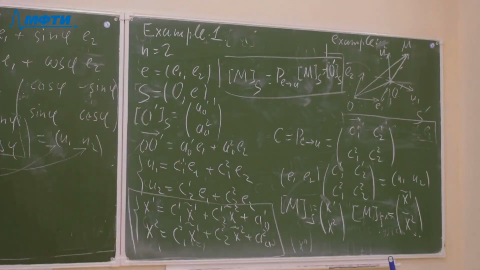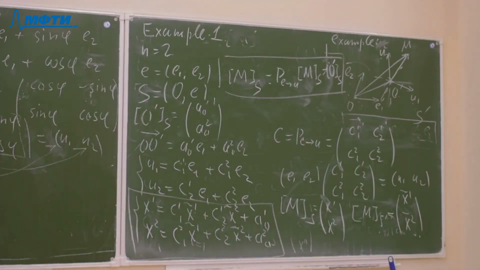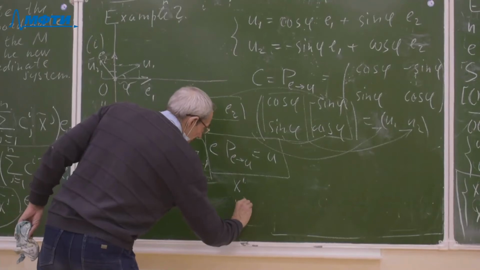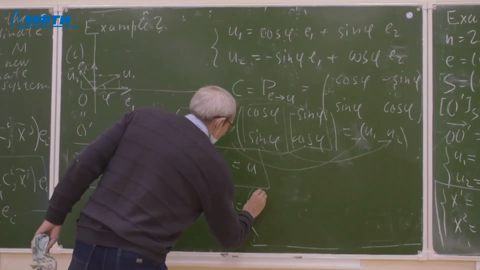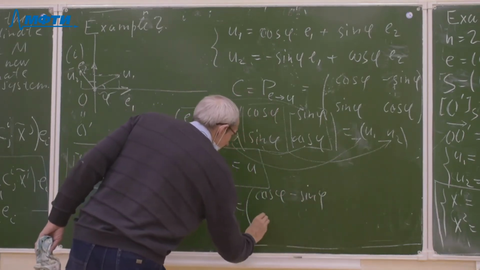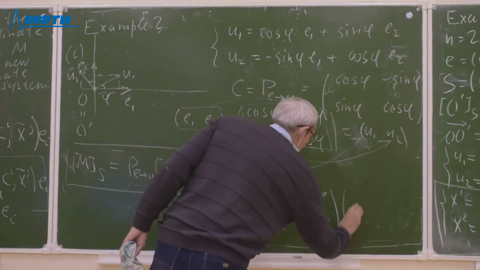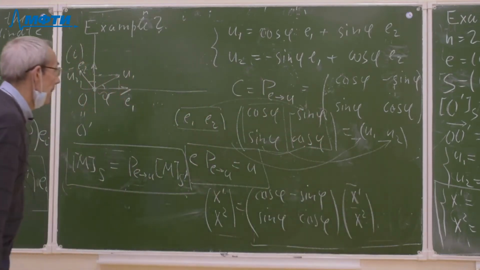And in this case, we obtain a simple enough formula. x1, x2 is equal to the matrix cosine phi, minus sine phi, sine phi, cosine phi times x1 tilde, x2 tilde.